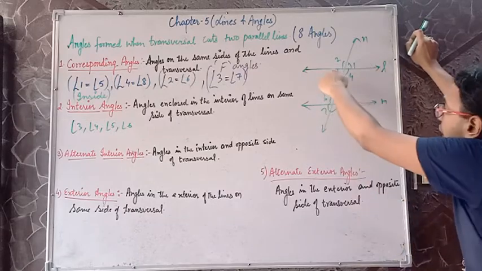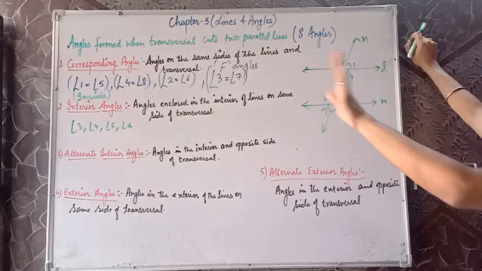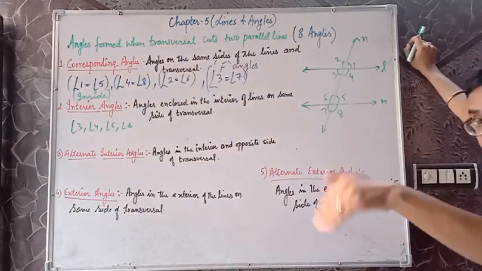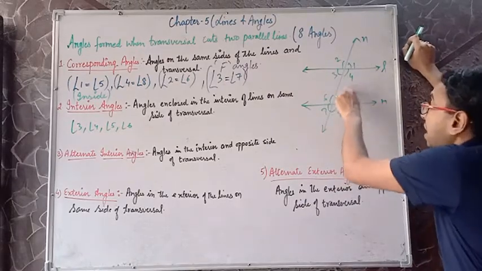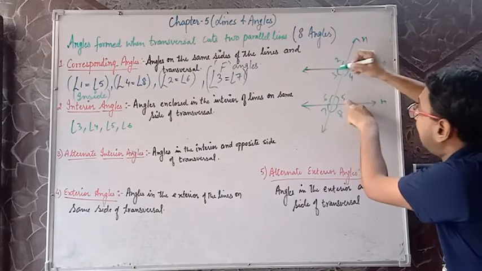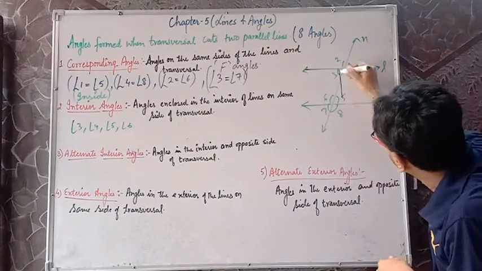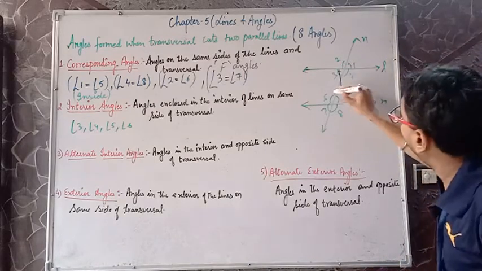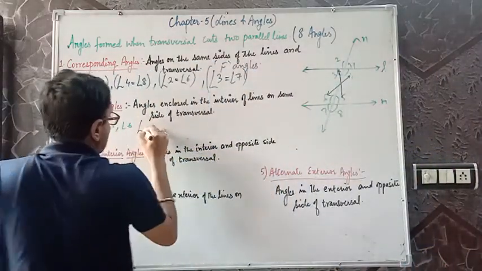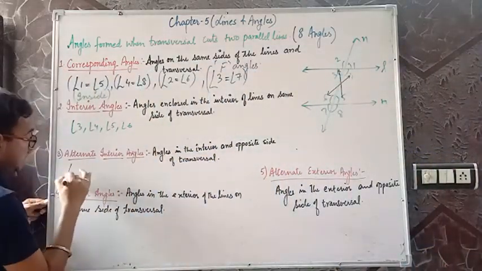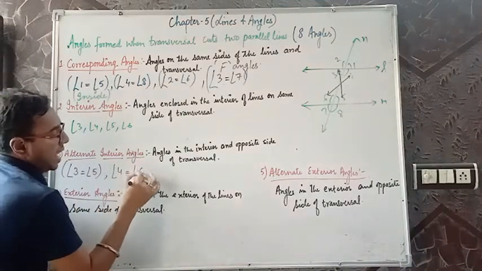Now 3 and 6 is another option which is not valid here, and I'll tell you why. So 3 is left with only one option, which is 5. Hence 3 is equal to 5, and they are known as alternate interior angles. Similarly, 4 is equal to 6. So for alternate interior angles, angle 3 equals angle 5 and angle 4 equals angle 6.